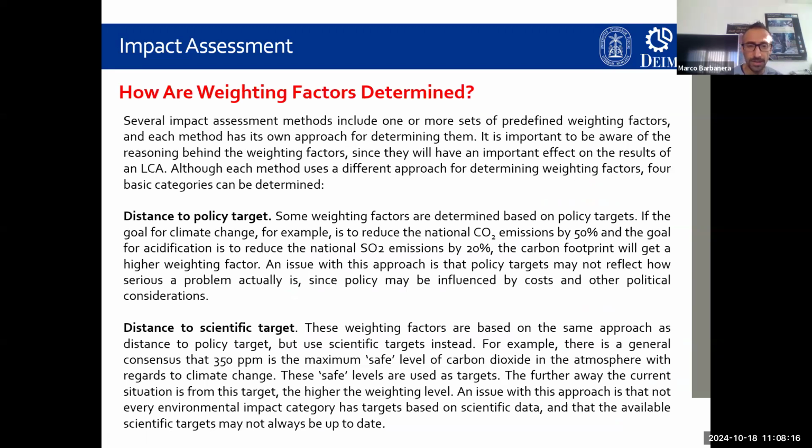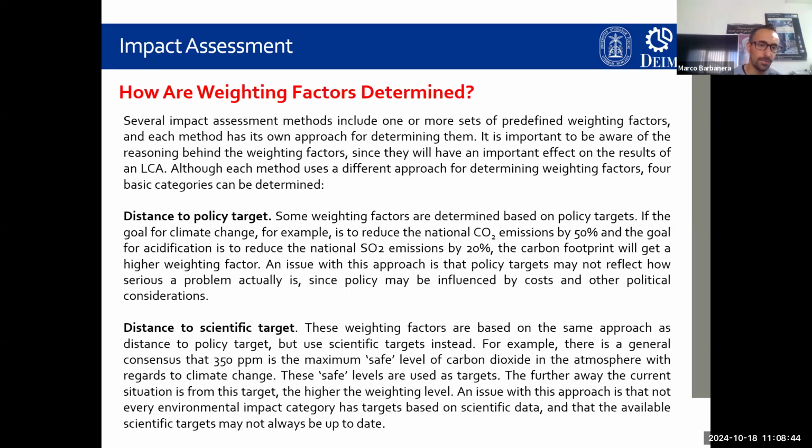Even if in the impact assessment methods in the software only one of these four options is used, and in particular, the only option used is the last one.